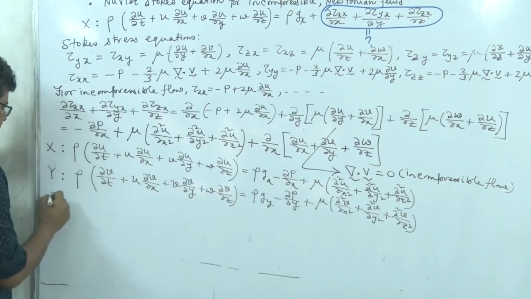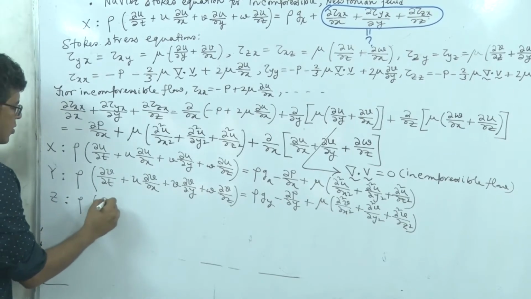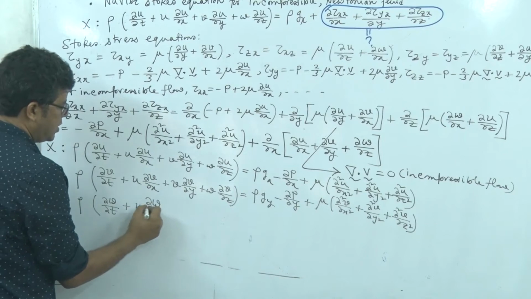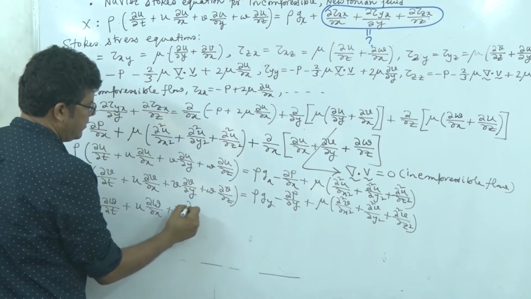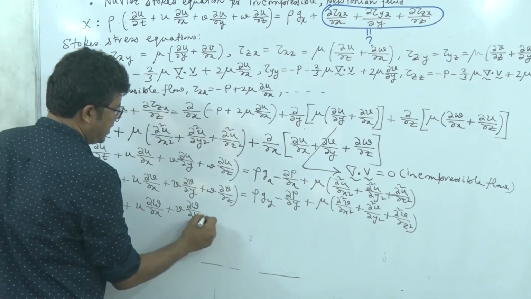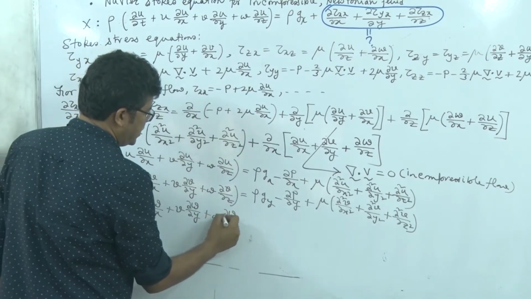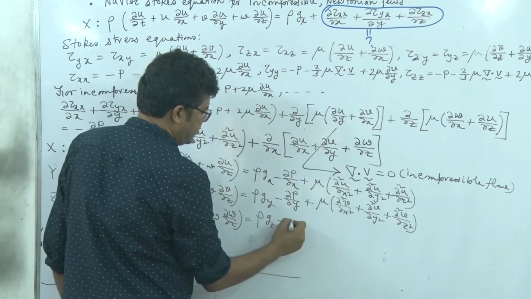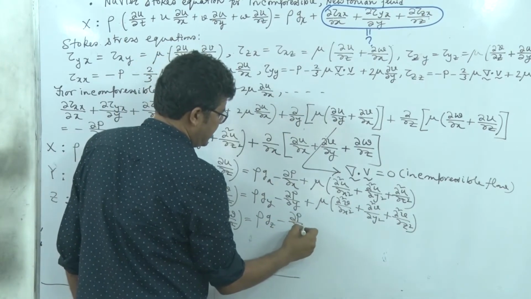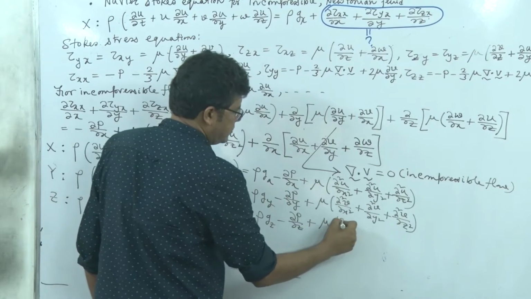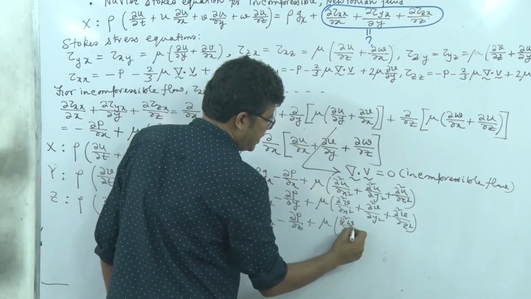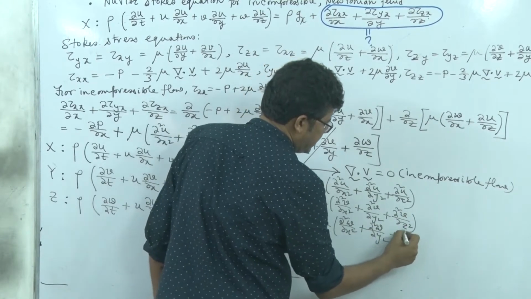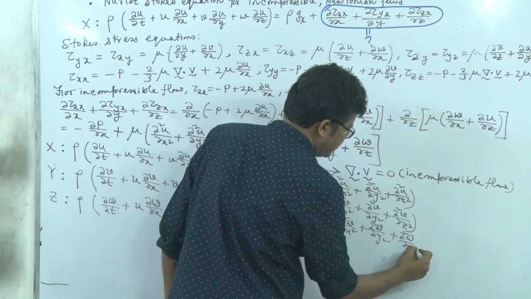And for z: rho into del w del t plus u del w del x plus v del w del y plus w del w del z is equal to rho gz minus del p del z plus mu into del square w del x square plus del square w del y square plus del square w del z square.